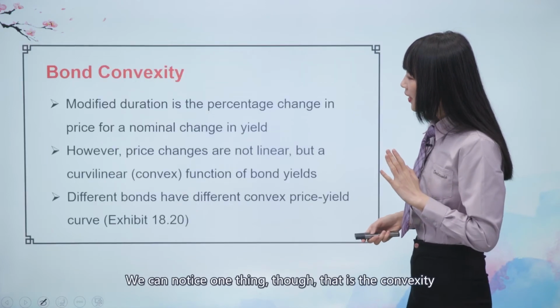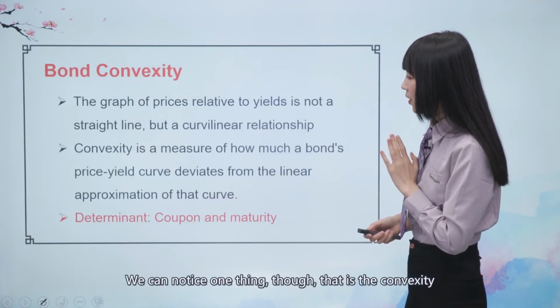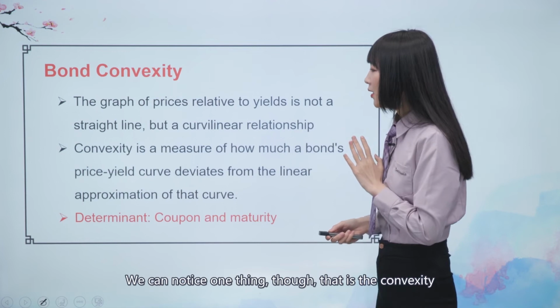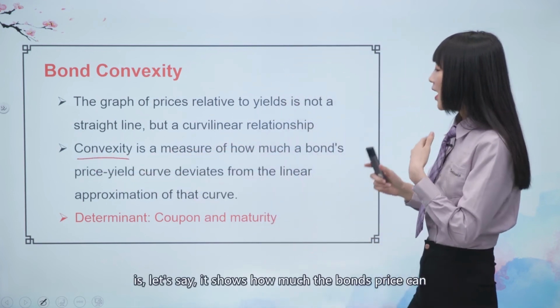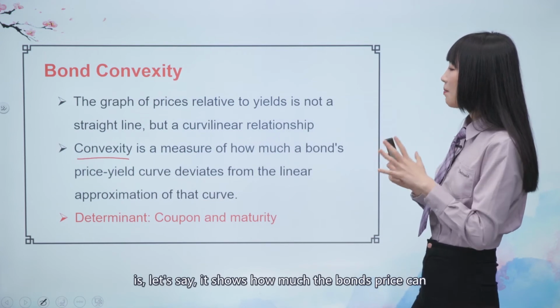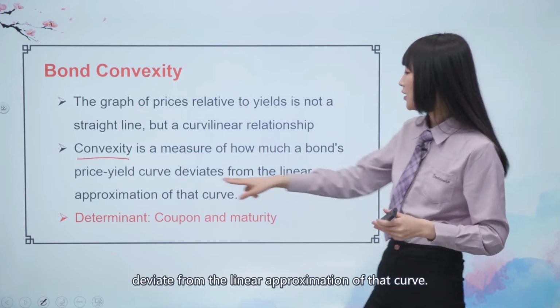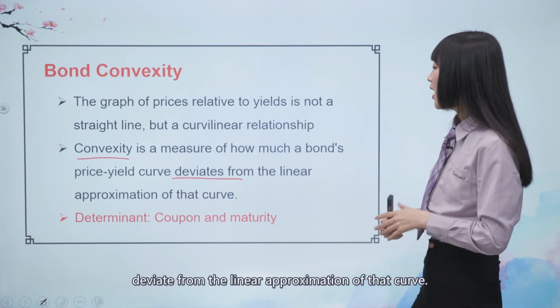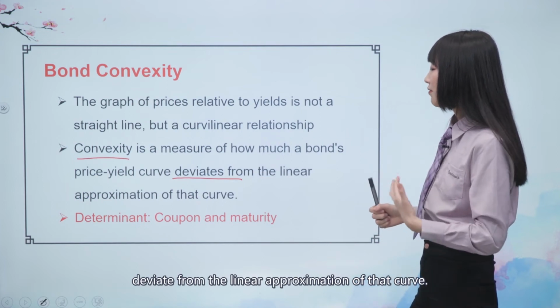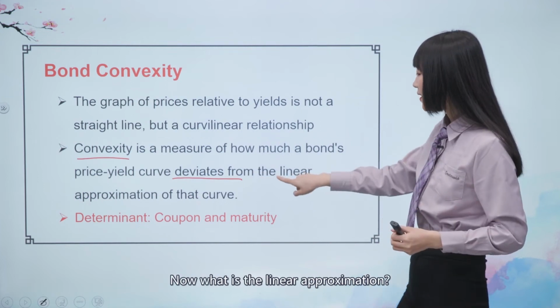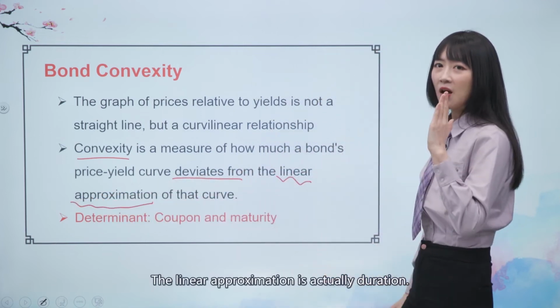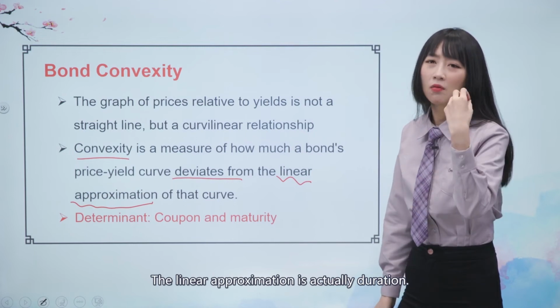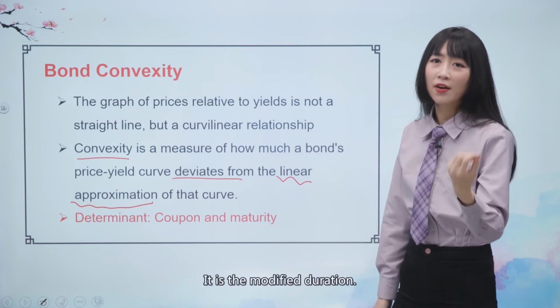We can notice one thing, though: convexity shows how much a bond's price-yield curve deviates from the linear approximation of that curve. Now, what is the linear approximation? The linear approximation is actually the duration. It is the modified duration.